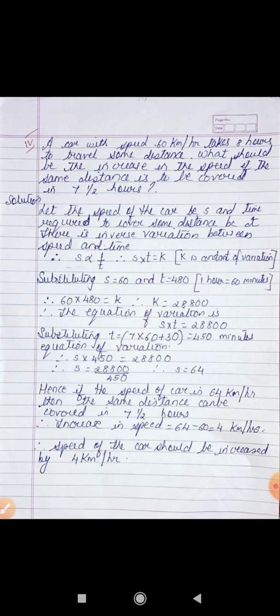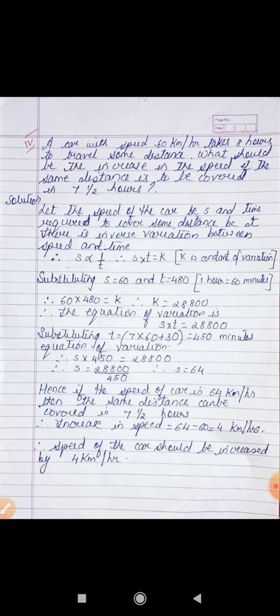Substituting t equal to 7 into 60 plus 30, that is equal to 450 minutes, in the equation of variation, s into 450 is equal to 28,800. So, s is equal to 28,800 upon 450. After you solve this, you get s equal to 64.